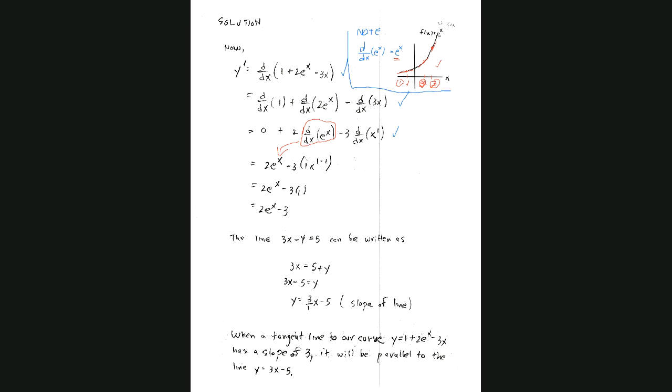And so now y prime is going to equal 2 times e to the x minus 3. That's the slope of the tangent at x.